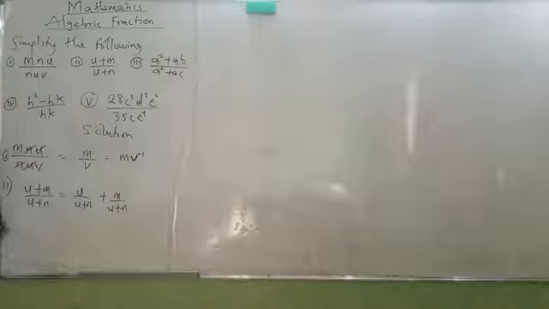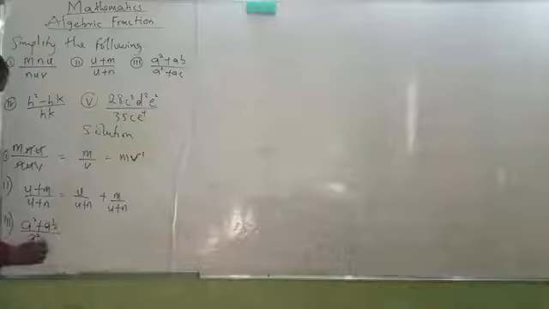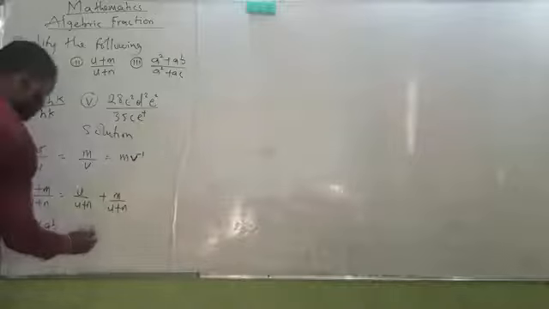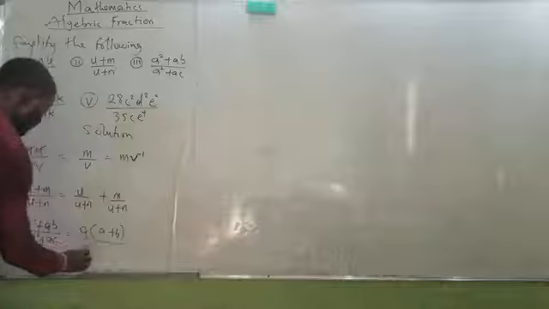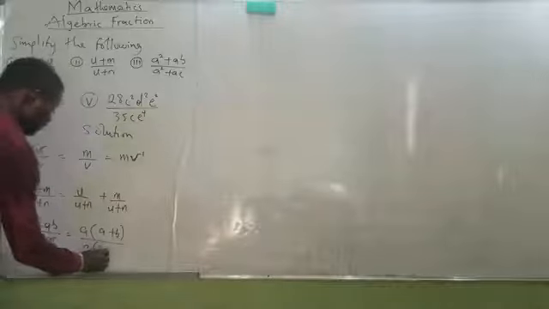Now I have the third one: a squared plus ab divided by a squared plus ac. What you can do here is just factor out. I factor out a bracket of a plus b, divided by a bracket of a plus c.